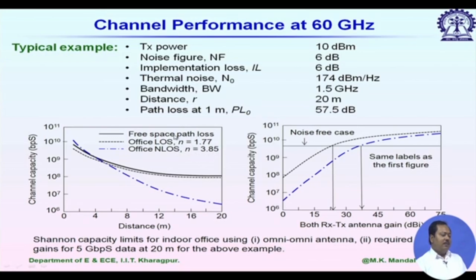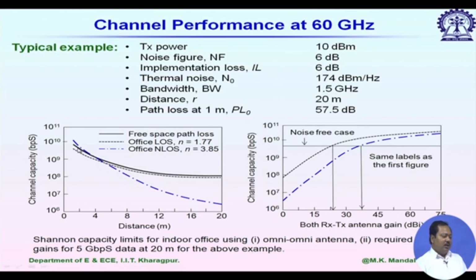These are some experimental values. We are considering indoor communication inside, let us say, an office building. Now, let us see how the channel capacity varies with distance for this given specification.